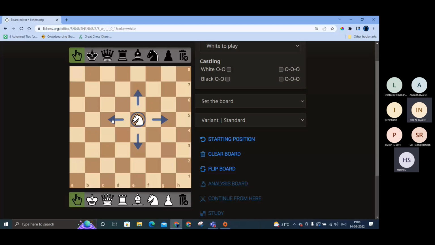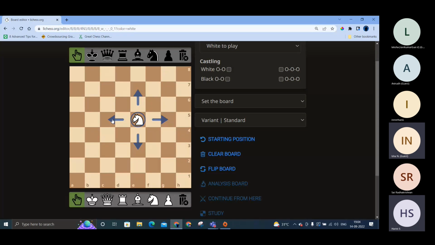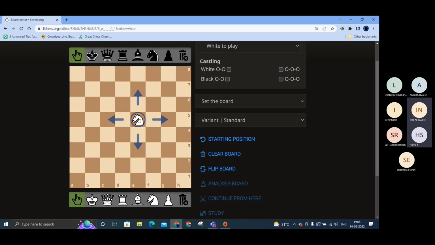Always remember that. When I speak about direction, with respect to the knight, you can go either up direction or down direction, or this side or this side. You can pick any side, any direction, and then take 2 steps.